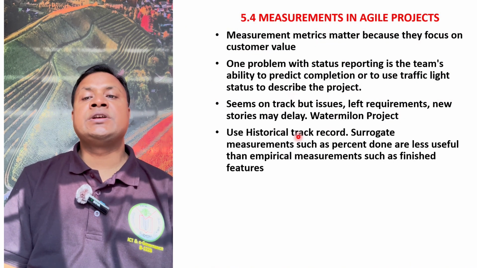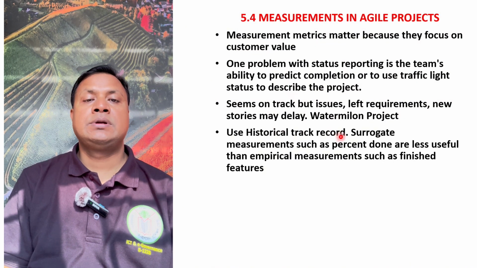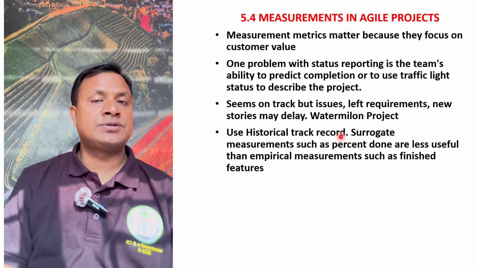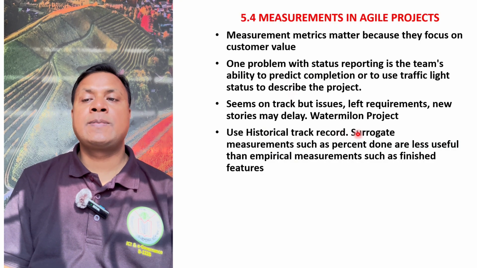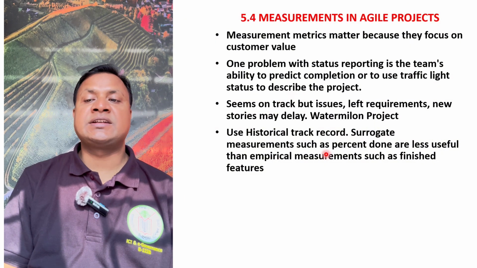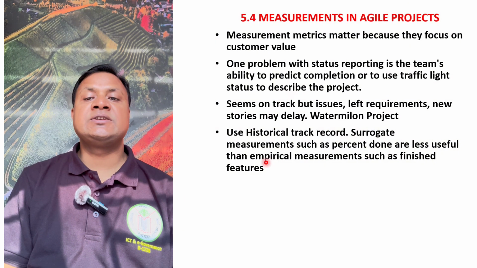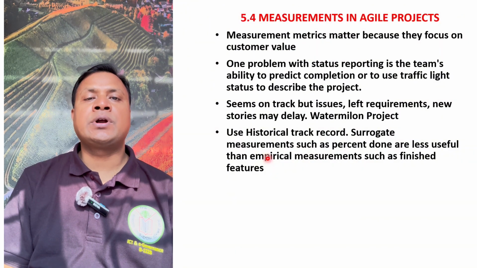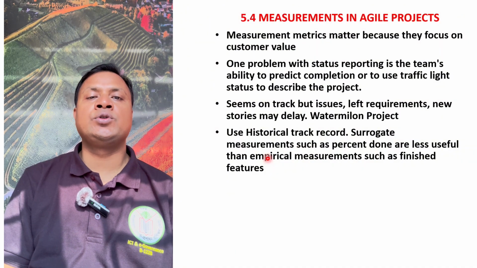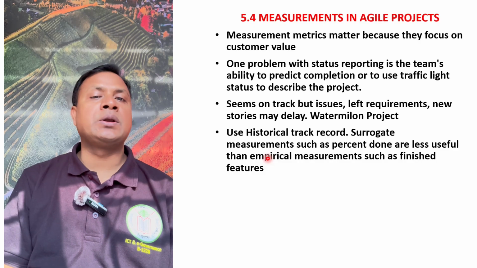So we should use the historical track record. What the previous deliverables, same deliverables, what was the experience. So surrogate measurements such as percent done are less useful. Percentage is not enough in the agile approach. We need to have similar project experience, similar project, similar product, similar deliverables. If we already delivered, we can compare it.